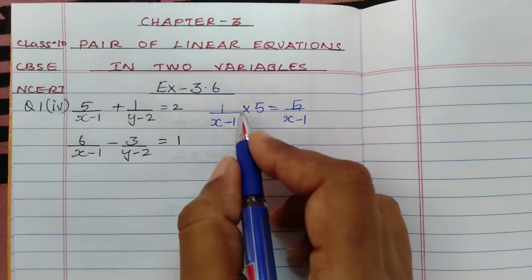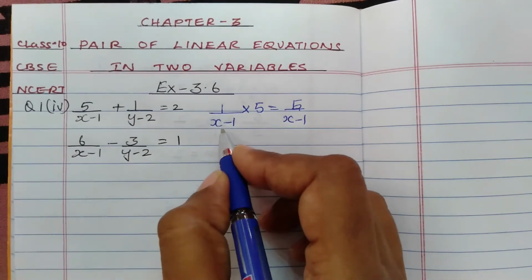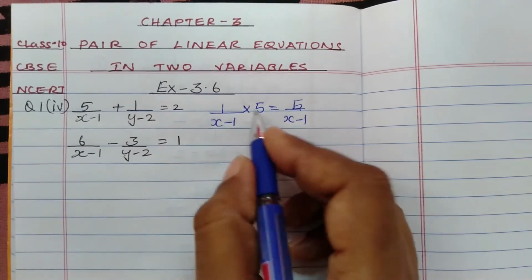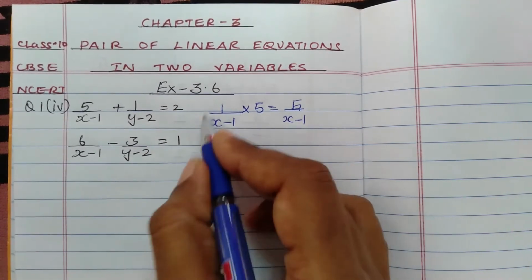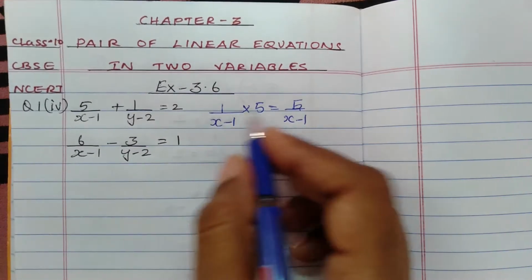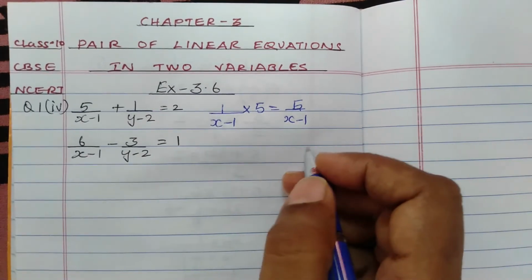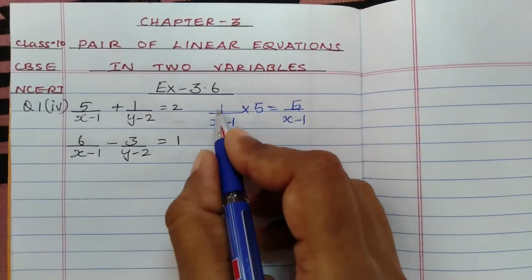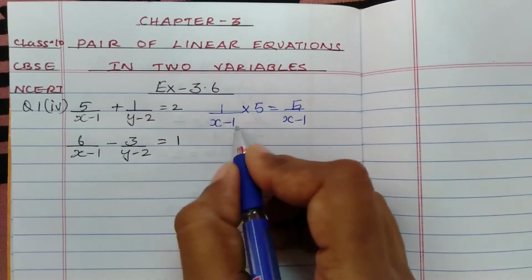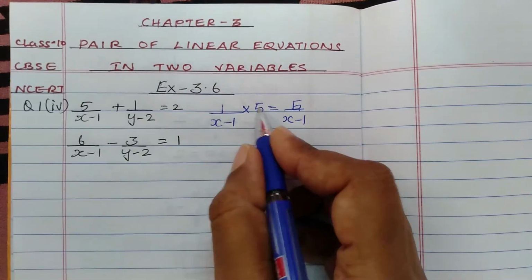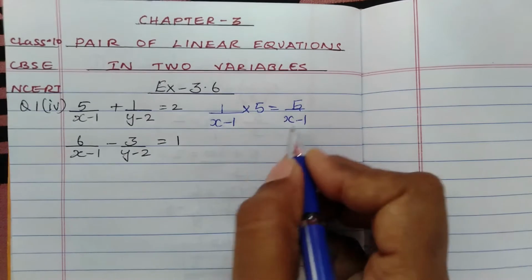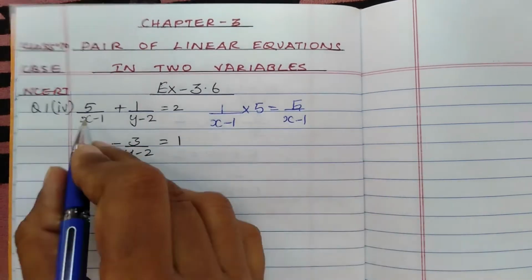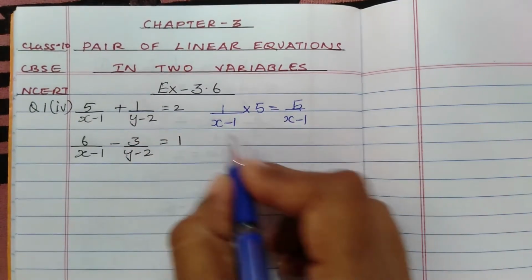You have to give the variable value and then we have to find the solution. So you have to split it in such an order that the variable is separated from the coefficient. So if you see here, it is 1 by x minus 1 into 5. So when you multiply this, 1 into 5 gives you 5 and by x minus 1 you get the same term. So this is how you will be splitting.